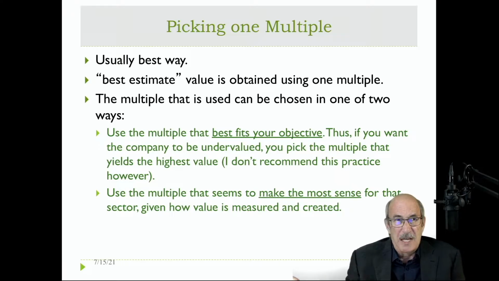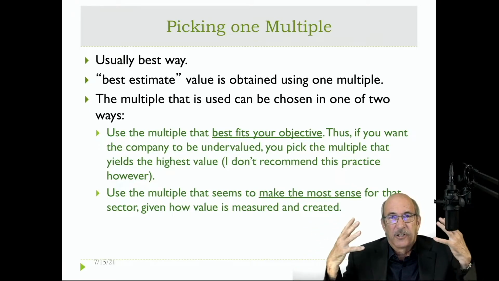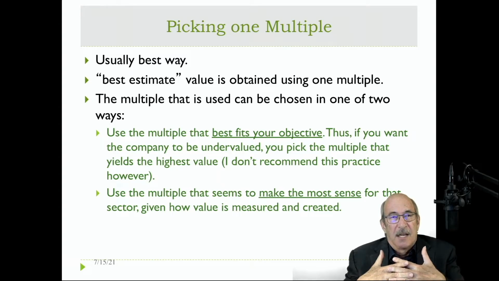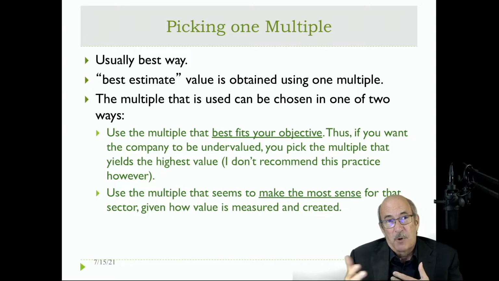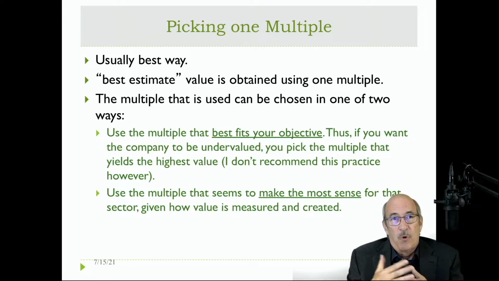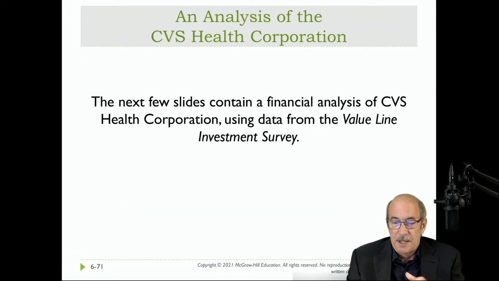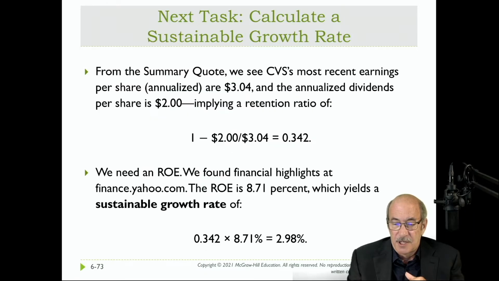Why bother with the rest? Why average good with the bad and end up with a mucky estimate? Use your judgment. Come up with that one estimate or that one multiple that you think is more valuable. Likewise with the comparables. If you think that one comparable is much closer to the subject firm, maybe put a bit more weight onto it. And then the rest of these slides just go through an example.